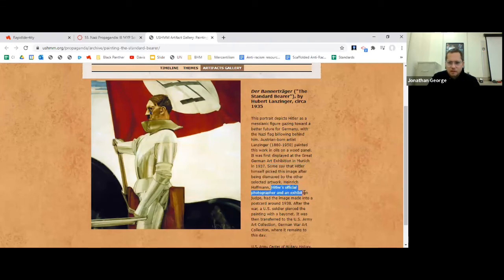His official photographer and exhibition judge had the image made into a postcard around 1938. So Hitler basically saw this and said, this is it. This is the way I want to be portrayed. This is what I want to share with everybody, and it was made into a postcard. During the war, a U.S. soldier pierced the painting with a bayonet.